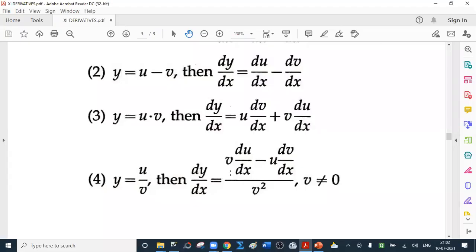Now the last rule is quotient rule, can be remembered easily. If y is u upon v, then what is dy/dx? It is denominator into derivative of numerator minus numerator into derivative of denominator upon denominator square, provided denominator is not equal to 0.